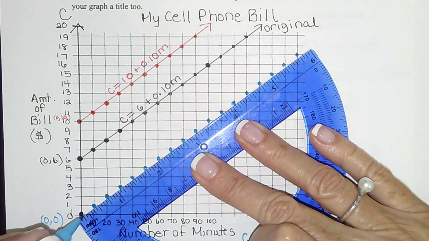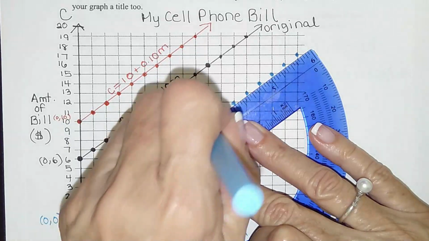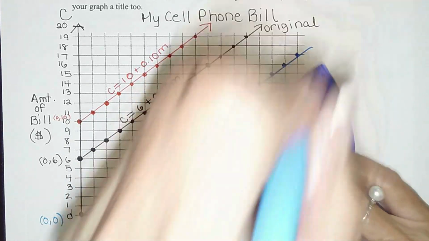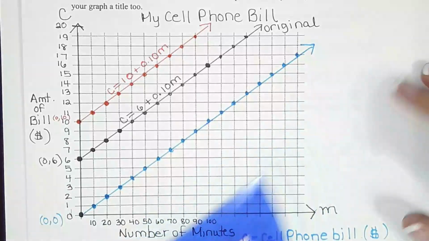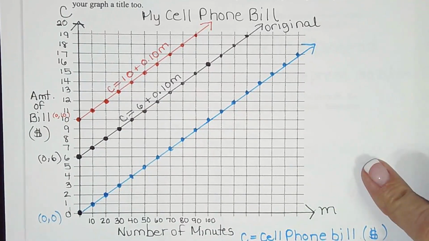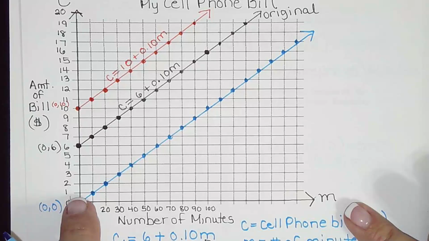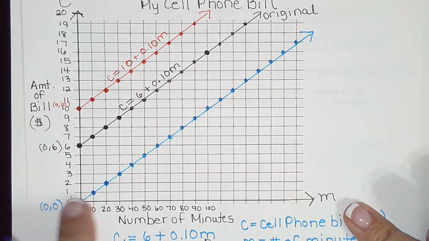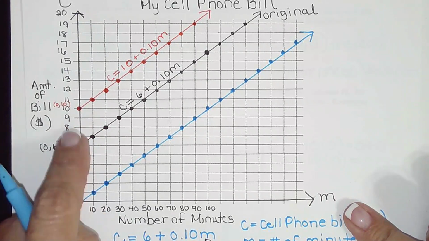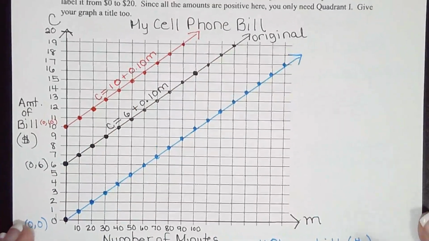And remember, don't go past 0. We can't go into negative minutes. Now we can keep talking, so the line does need to go on forever because we don't know how many minutes they talk. But you cannot let the line go here because if you extended the x-axis, this would be negative 10 minutes, negative 20 minutes, negative 30, and you can't have any negative minutes.